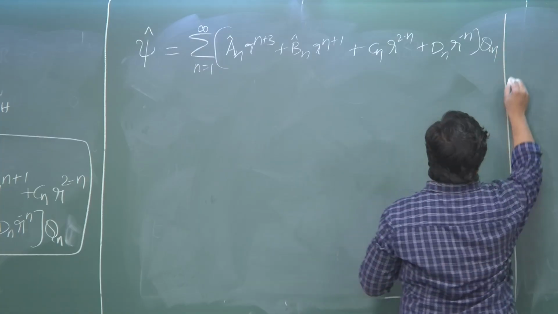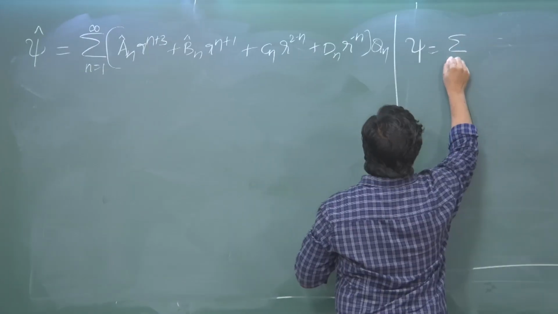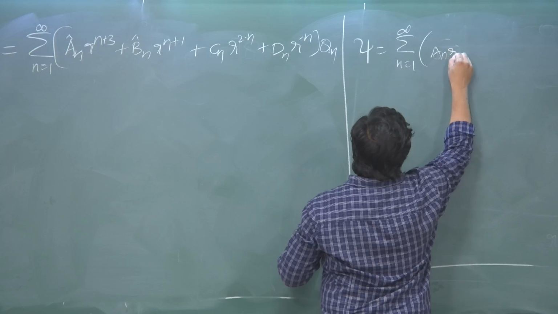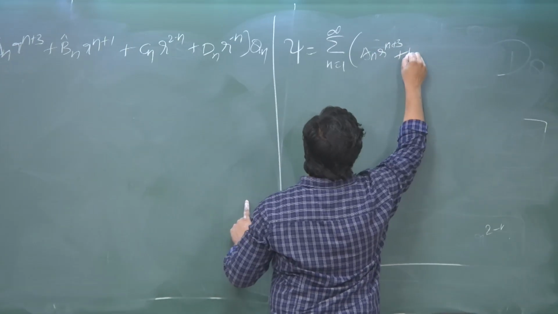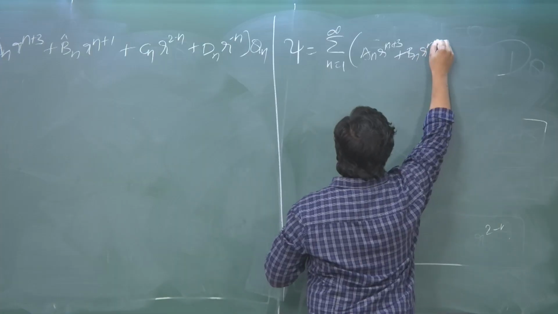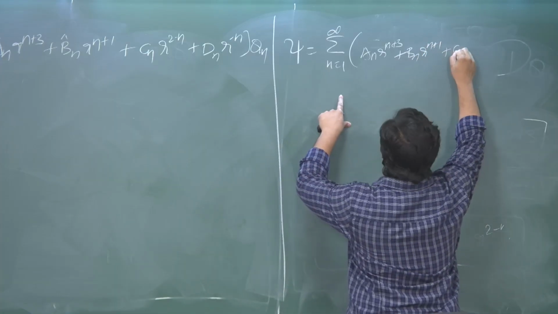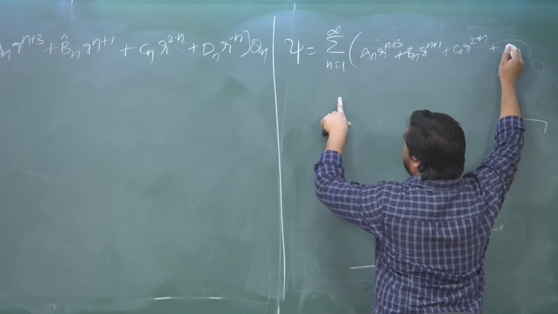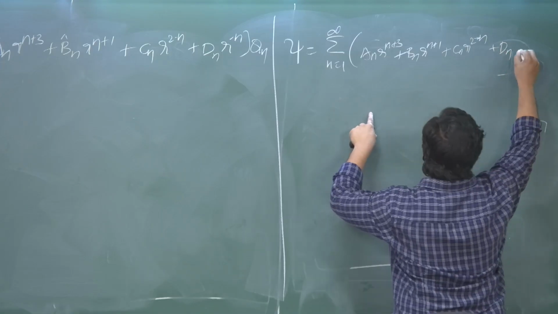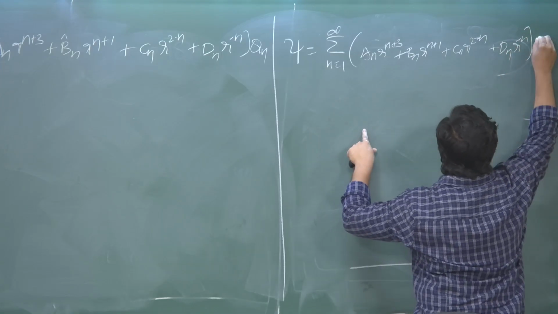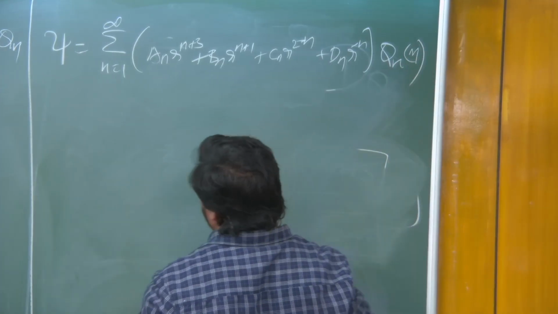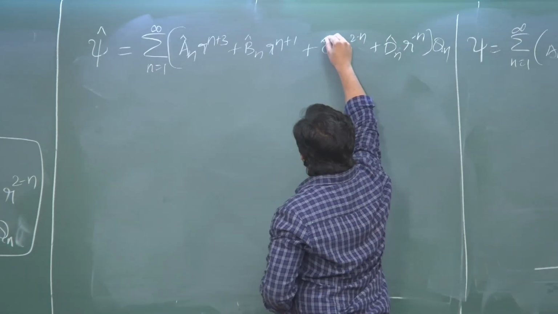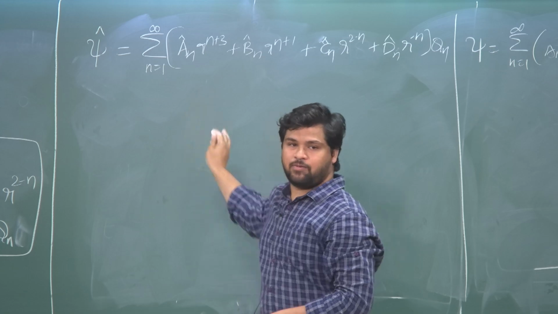So, similarly you can write for outer fluid, psi equal to sum n equal to 1 to infinity An r power n plus 3 plus Bn r power n plus 1 plus Cn r power 2 minus n plus Dn r power minus n Qn. So, these are the final forms for the two solutions. This is inner fluid, that is outer fluid.